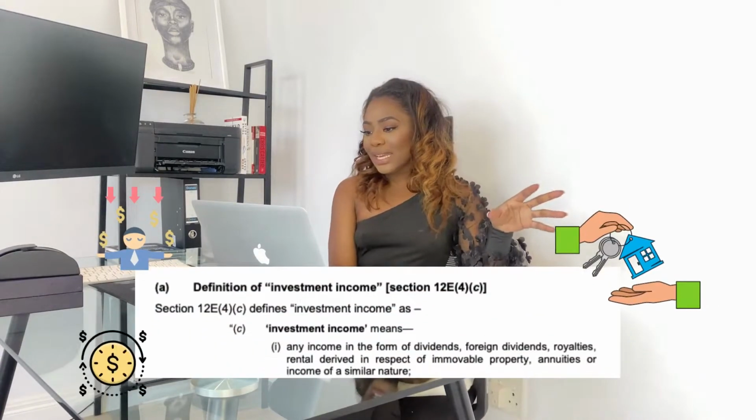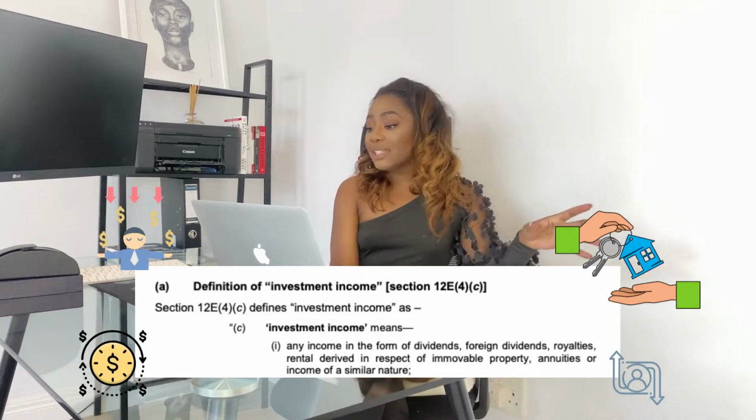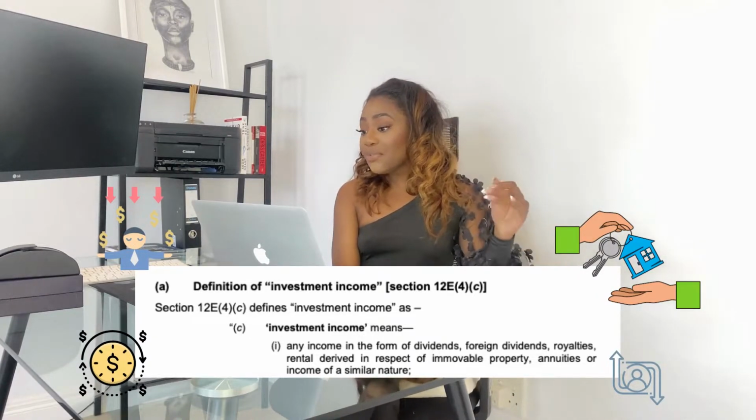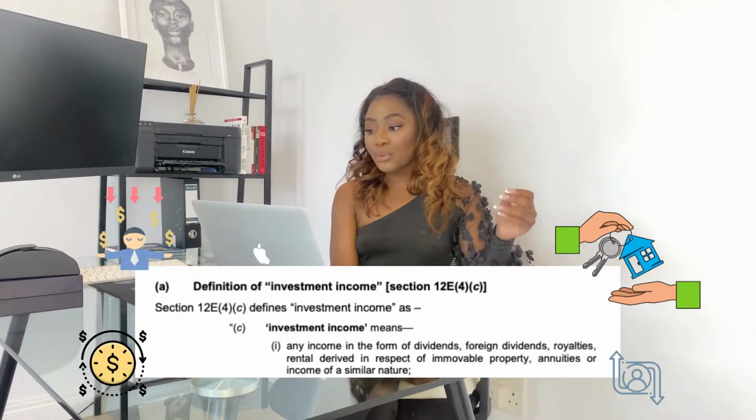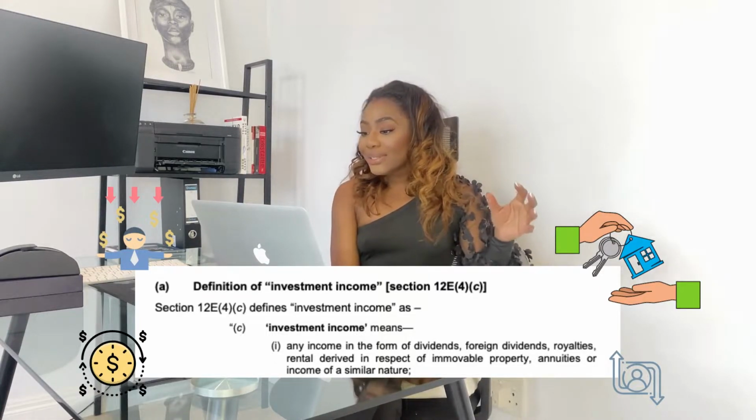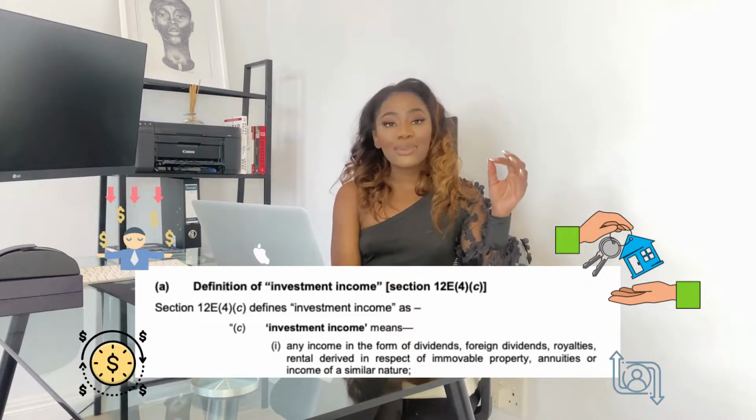So let's just take a look at what investment income means in terms of the Act, Section 12E. The first and third will be most applicable for most people. The first one is any income in the form of dividends, foreign dividends, royalties, rental derived in respect of movable property, annuities, or income of a similar nature.